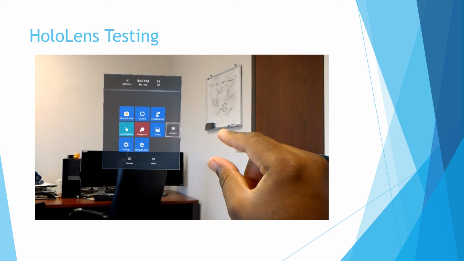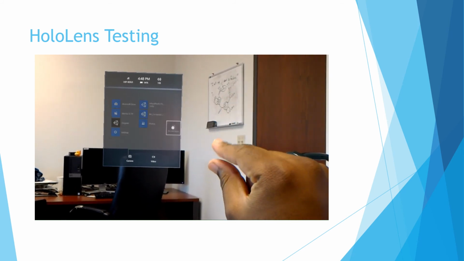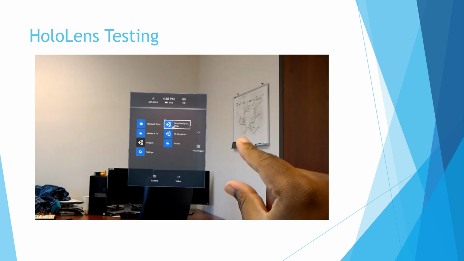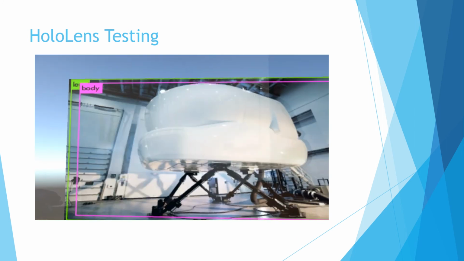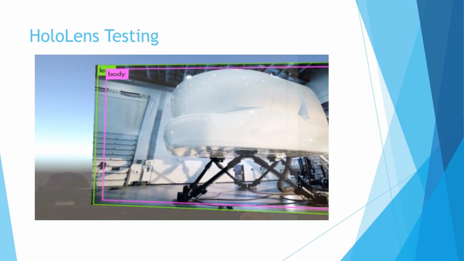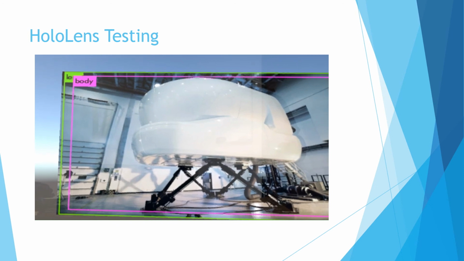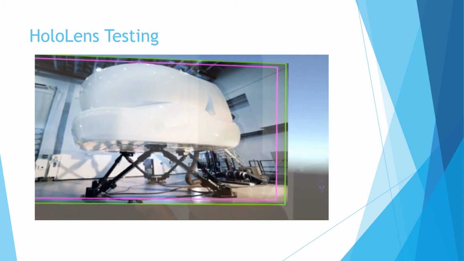As you can see here, we're just going to open the app. And when I click the app, you should see something similar to this if the networking's there. You should see the picture being sent and then this resulting picture being sent back to the HoloLens in an environment similar to this.